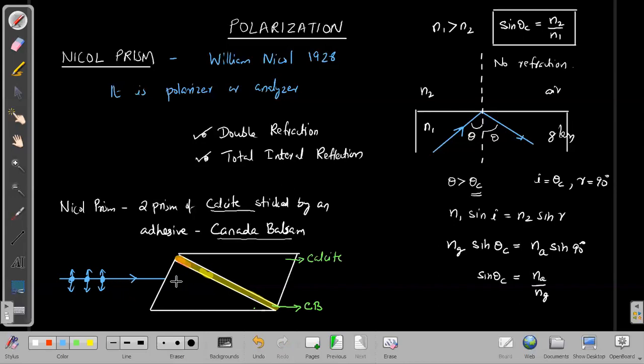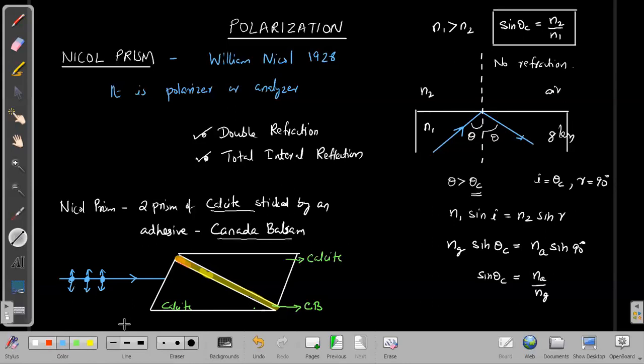Now once it is incident on calcite, what would happen? This unpolarized light will divide into two parts. One of the rays is called ordinary and the other one is called extraordinary.